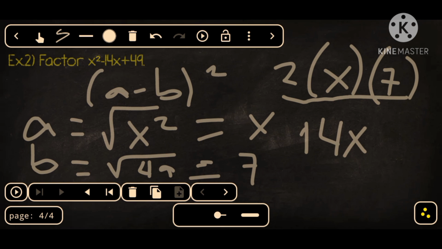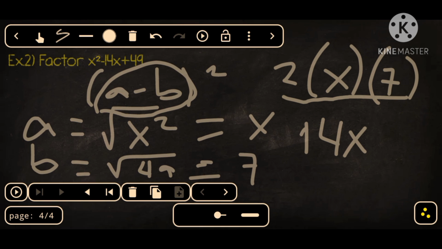So that's our middle term. So for the middle term, as you can see, the operation is minus, so the sign of the middle term can be used only in determining the sign of our binomial being squared.